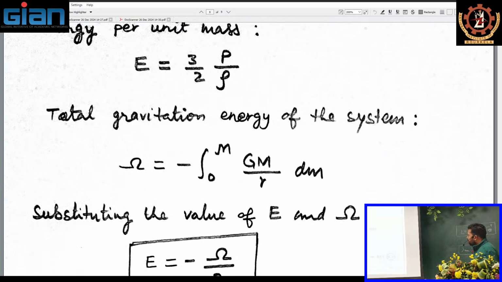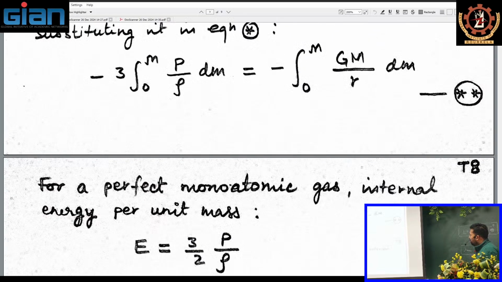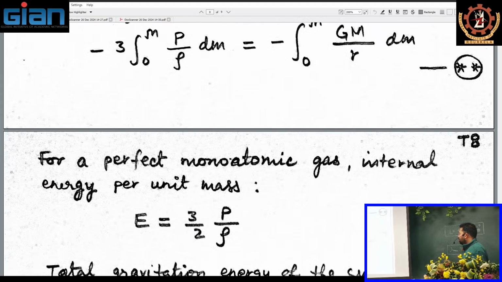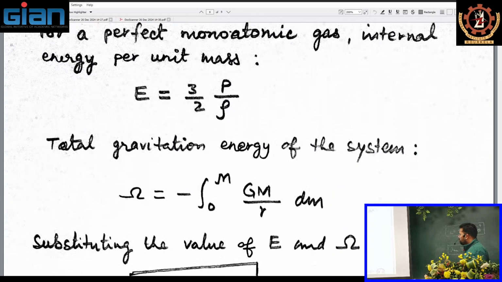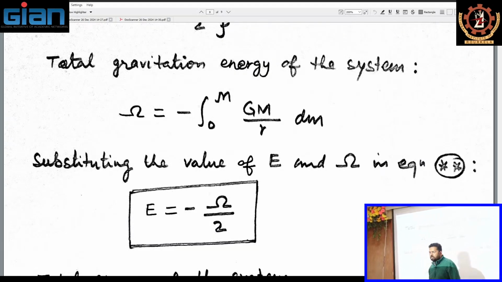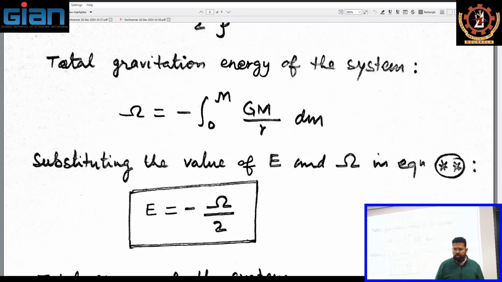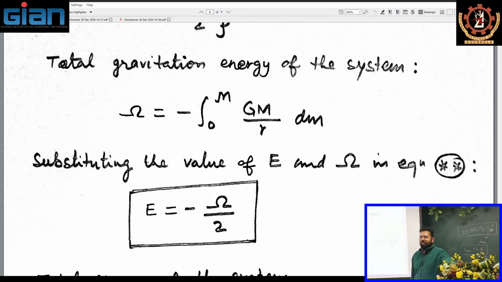Now if you look at the star equation and substitute the value of E, the internal energy per unit mass, and the gravitational potential energy of the system, you will end up getting a relation between E and omega. Remember that E represents the internal energy and omega represents the gravitational energy here. So E will be equal to minus omega by 2, and this is the very famous statement of the Virial theorem.